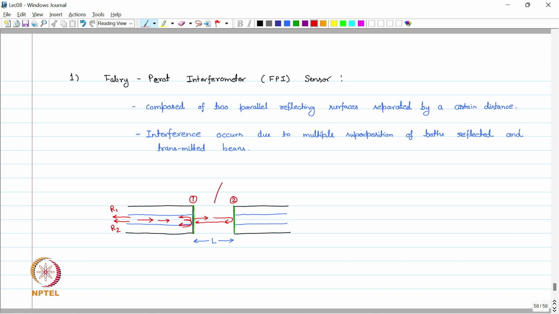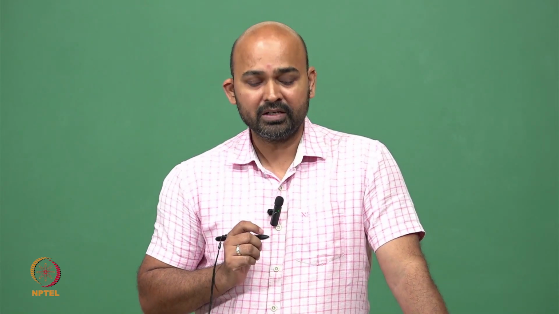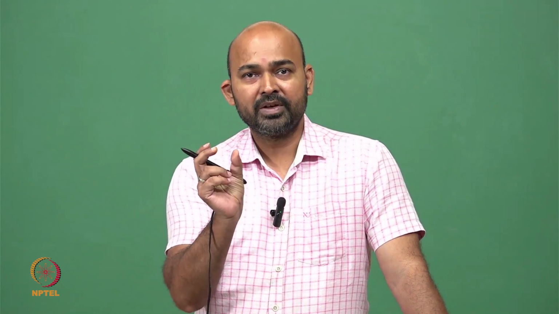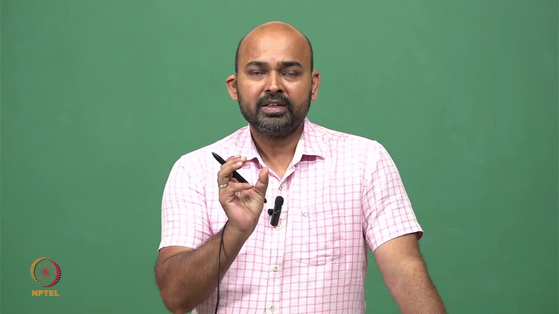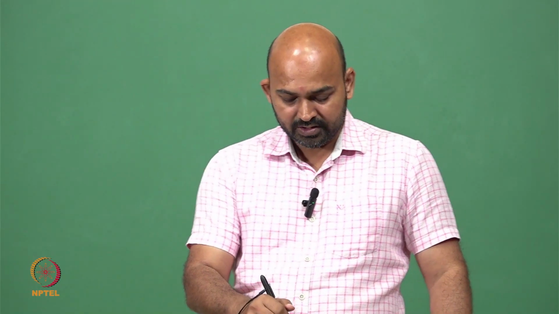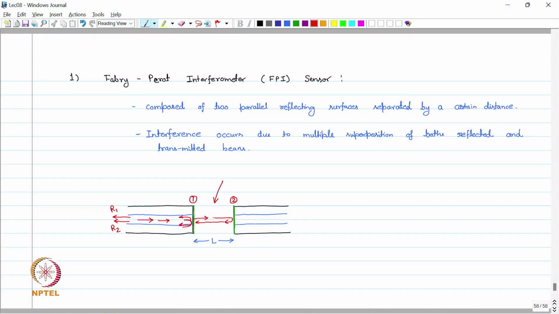We can pour some liquid into this cavity, and because of the different refractive index of that chemical, the velocity of the wave will be different, and accordingly the phase difference between R1 and R2 will be different. So based on the phase difference we get, we can detect what material is poured into this empty cavity. So this is the working principle of this Fabry-Perot interferometer.